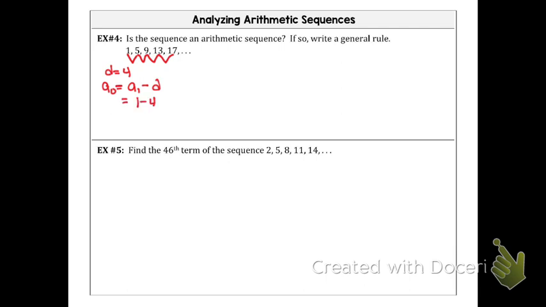So it's 1 minus 4, which would be negative 3. So my general rule is that a sub n equals dn plus a sub 0. So a sub n is equal to 4n, and then a sub 0 is negative 3.